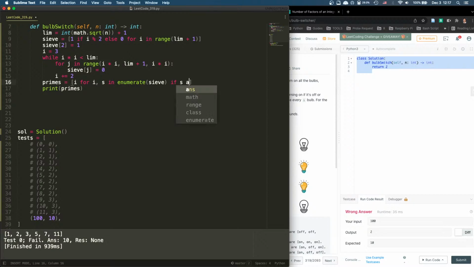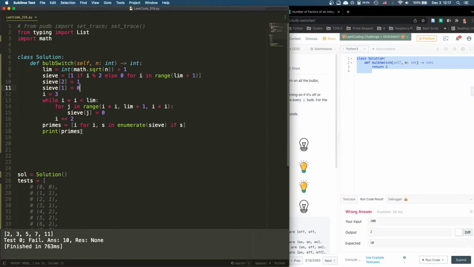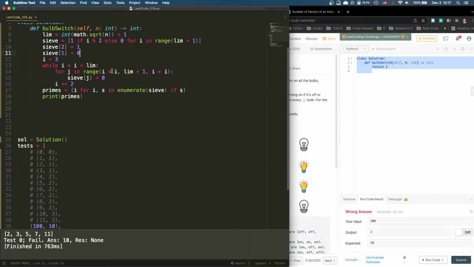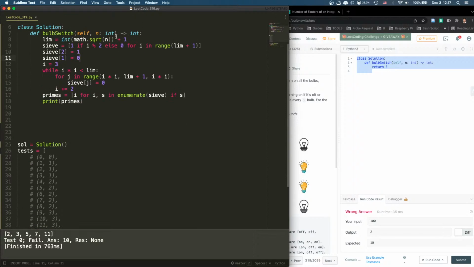If s and i not, oh, I just need to set this, and then we set the index 1 equal to 0. Okay. Why would 11 be there? Lim is 11.